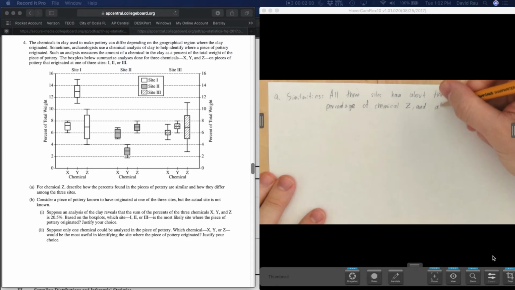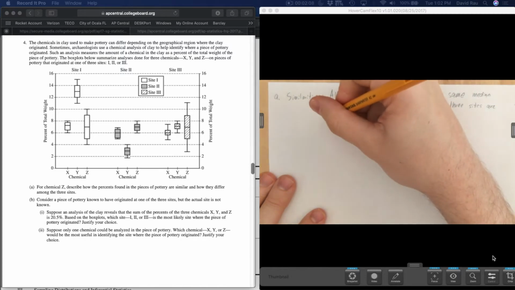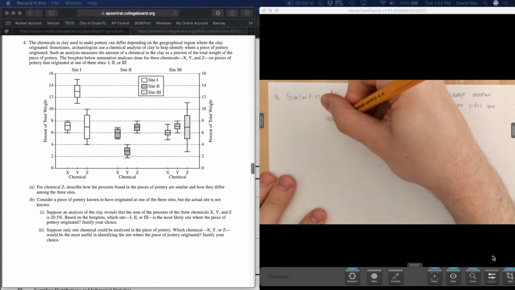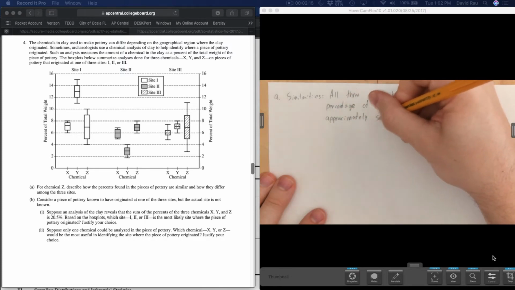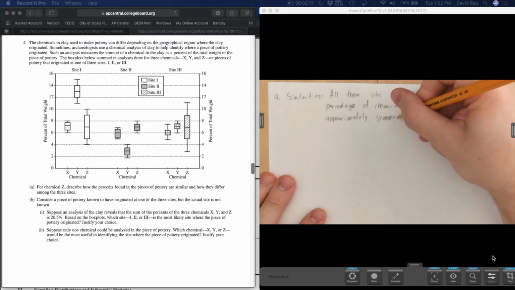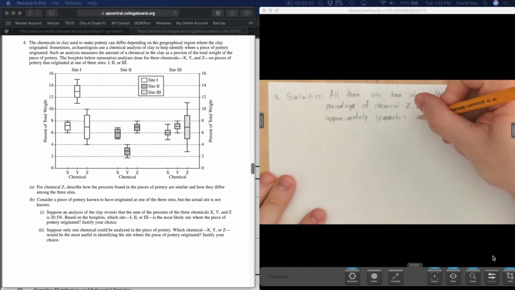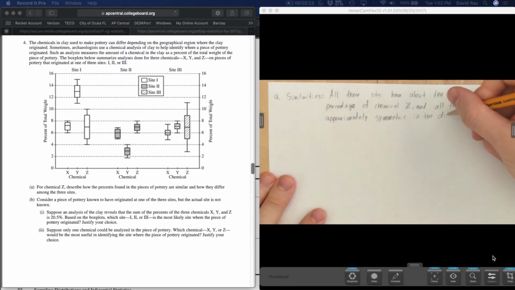And all 3 sites are approximately symmetric in the distribution of chemical Z. That's about all I can say there.